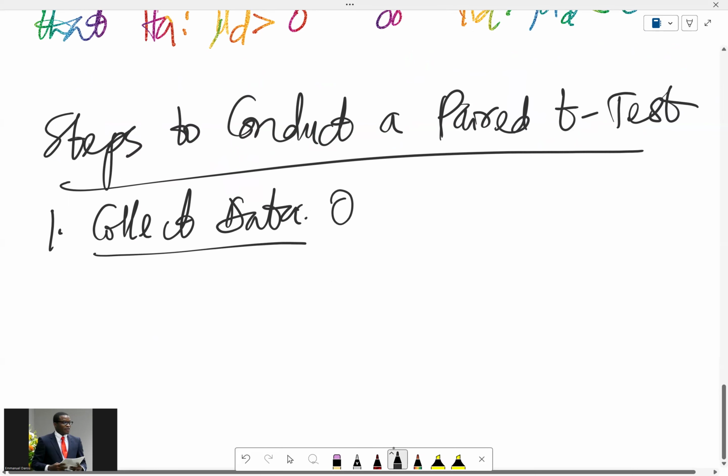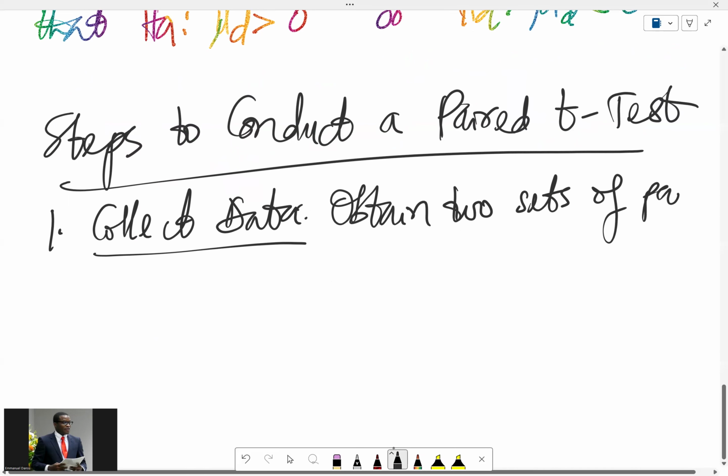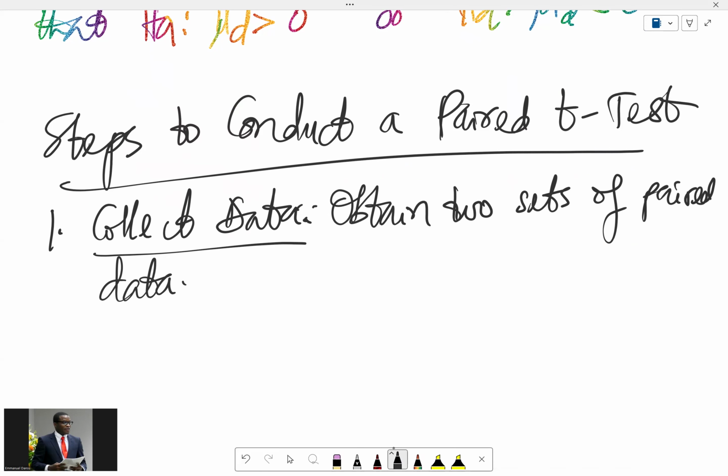So you have to obtain two sets of paired data. The fact that it is paired arises from the reality that it is data taken from the same sample. That is, take measurements from the same group at different time points or under different conditions.